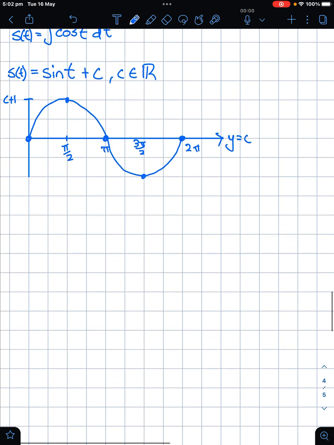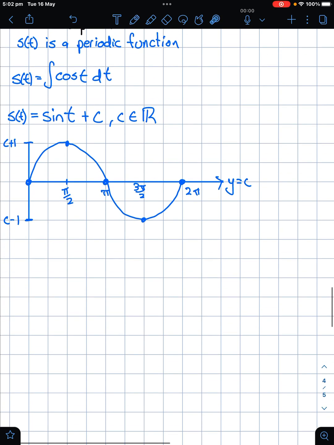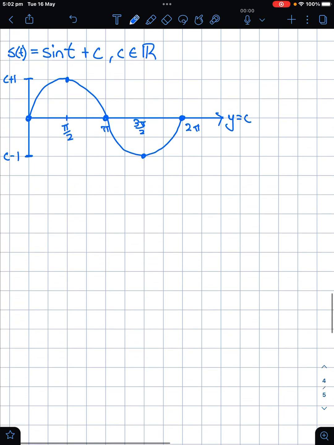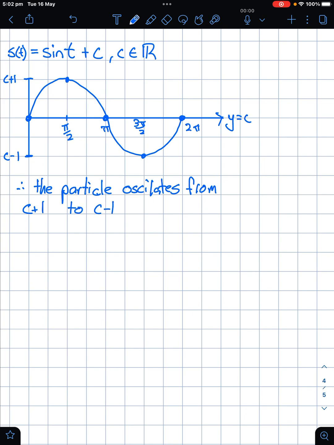Now our min here is obviously going to be c minus 1. And so we would say, therefore, the particle oscillates from c plus 1 to c minus 1.